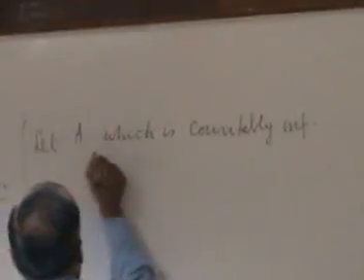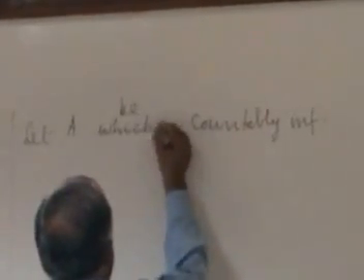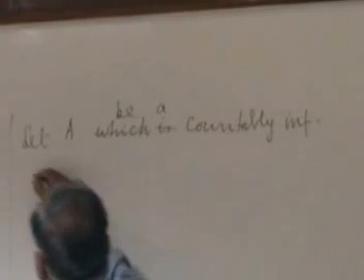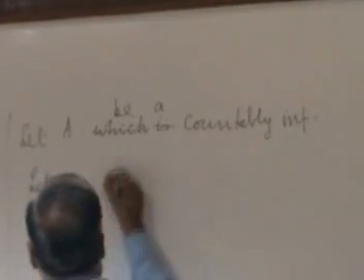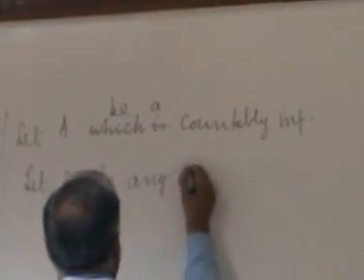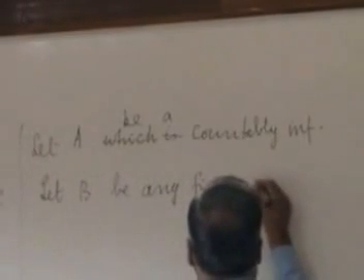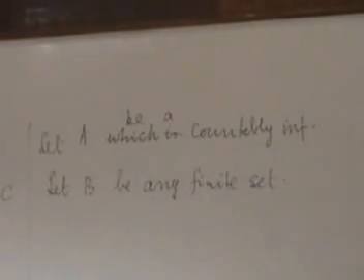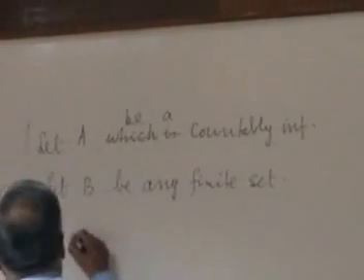What do I mean by this? Let A be a countably infinite set. Let B be any finite set. Let's even assume that B is bringing everything new, so let's assume that A intersection B is empty.